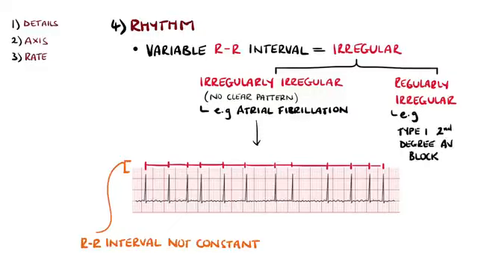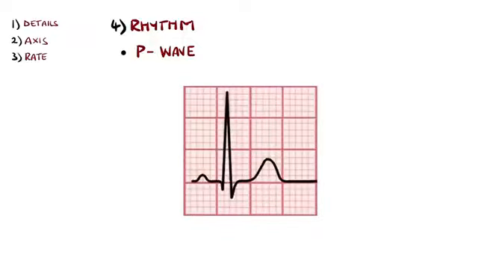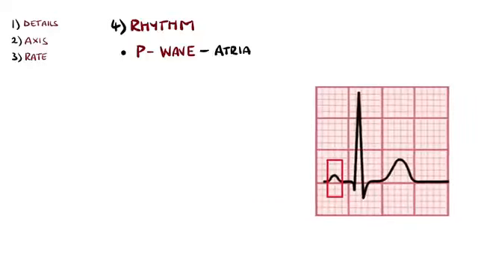Looking at the QRS complexes evaluates the ventricular rhythm, but it's also important to evaluate the atrial rate and the communication between the atria and the ventricles, which is why I also include the P wave and PR interval when looking at the rhythm. The P wave represents atrial depolarization.